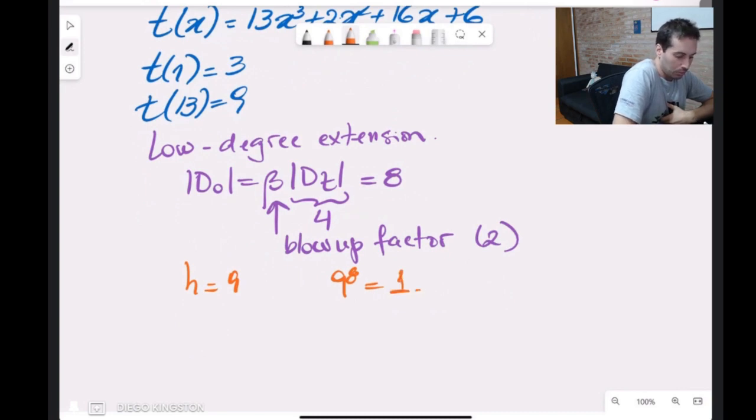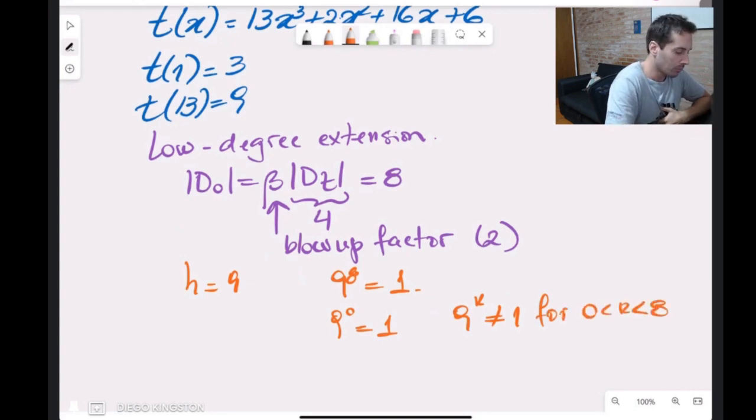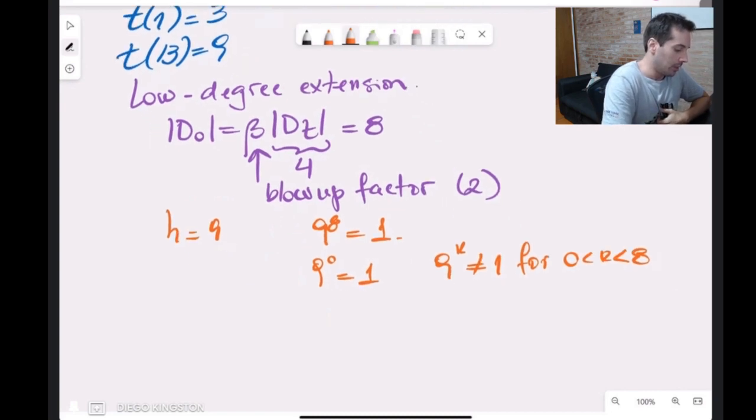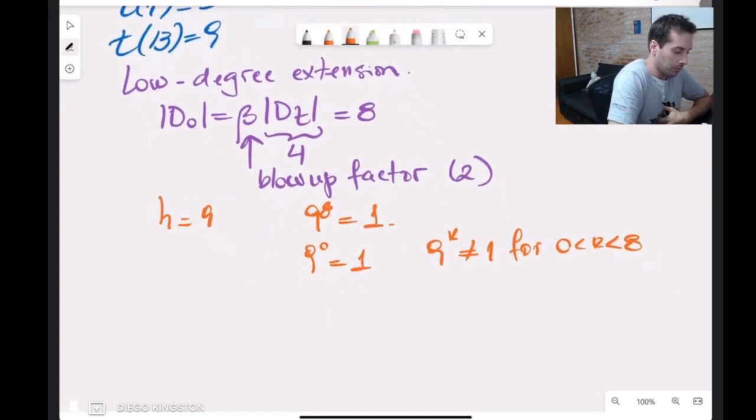Obviously 9 to the 0 is 1, and 9 to the k is not equal to 1 for 0 less than k less than 8. The problem is that some elements are contained that were in the original domain, and we want these domains to be disjoint, to avoid some problems later.